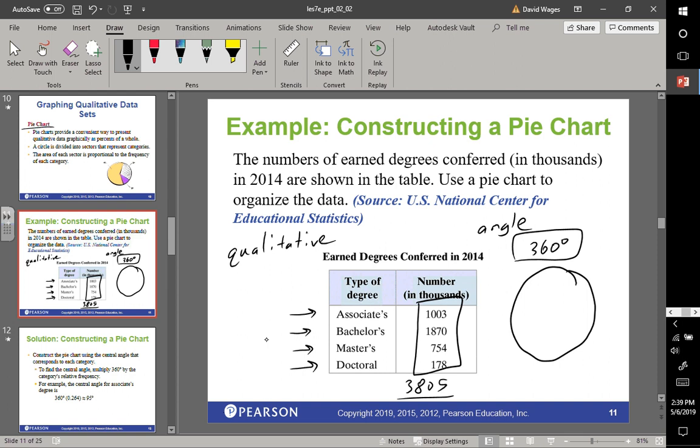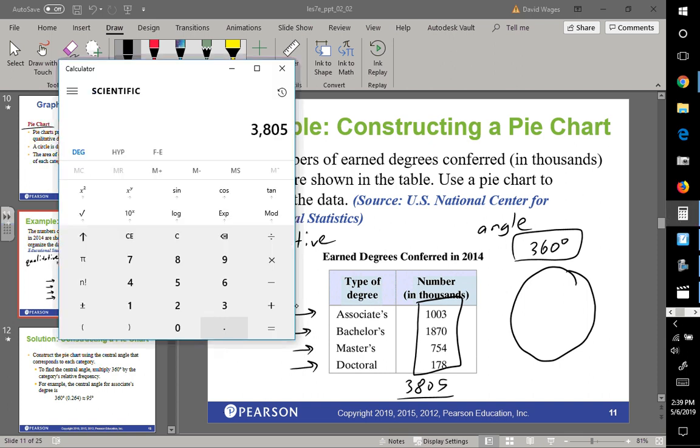The first one, we have 1,003 out of all of those. So 1,003 out of the 3,805, not 3,905. So that's roughly 26%.